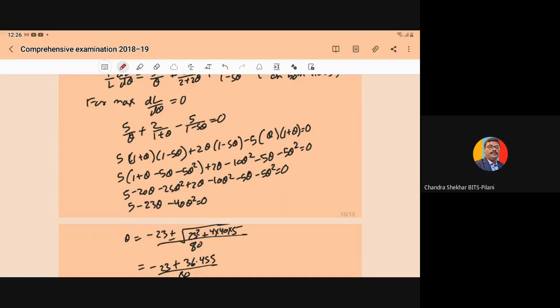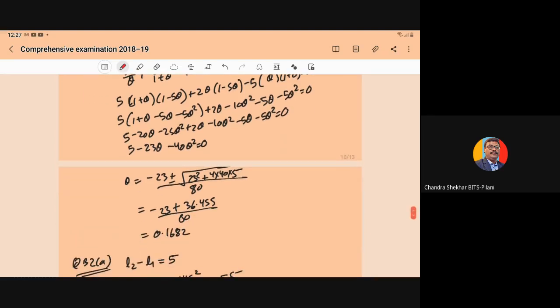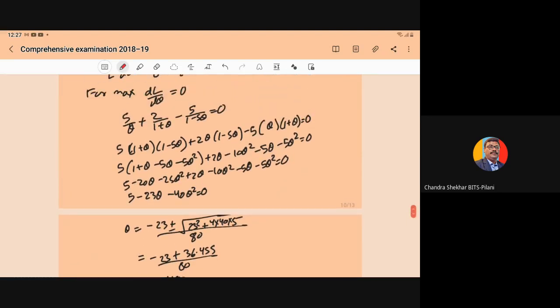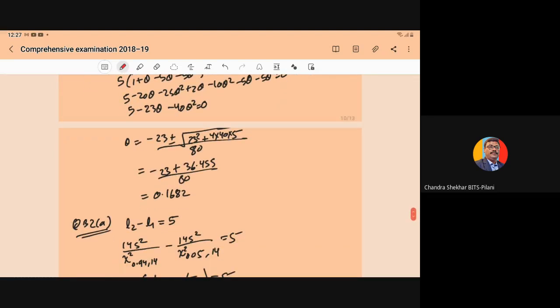On computation it will become minus 23 plus 36 minus 45 upon 80. Because theta is given to lie between 0 and 0.2, it is positive, so we take the positive one, and it comes to 0.1682. So from the given sample we obtain the estimate value of the unknown parameter theta using the maximum likelihood method.